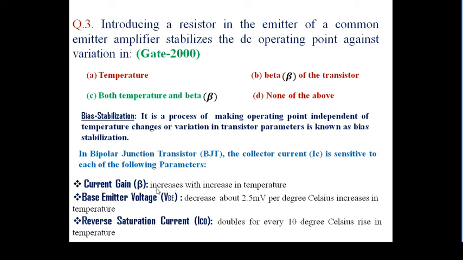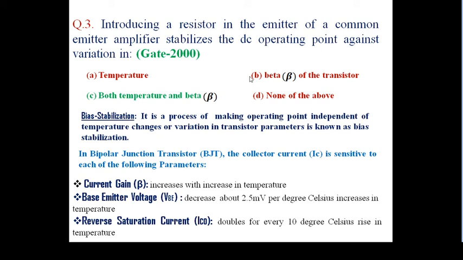Current gain increases with increase in temperature. Base emitter voltage decreases by 2.5 millivolt per degree Celsius increase in temperature, and reverse saturation current doubles for every 10 degree Celsius rise in temperature. So the amplifier stabilizes the DC operating point against temperature, beta, reverse saturation current, base emitter voltage.